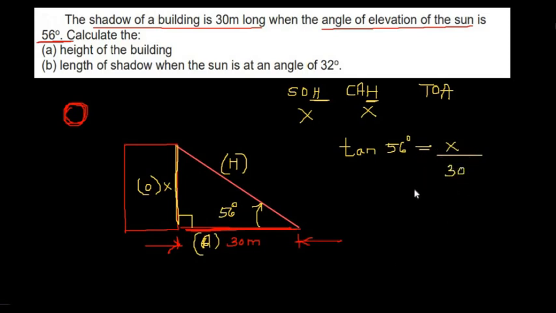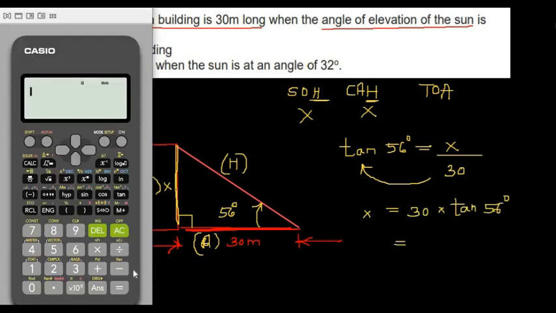So now what we are going to do is multiply the 30 with tan 56 to get the height of the building. So x will be equal to 30 multiplied with tan of 56. So let us calculate how much we get.